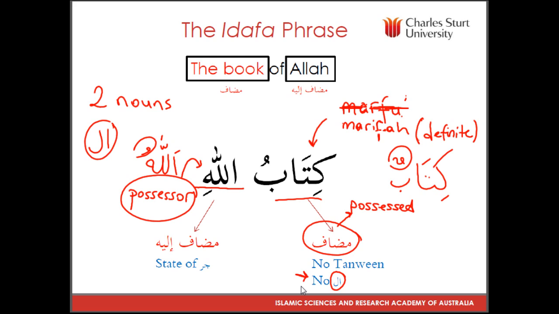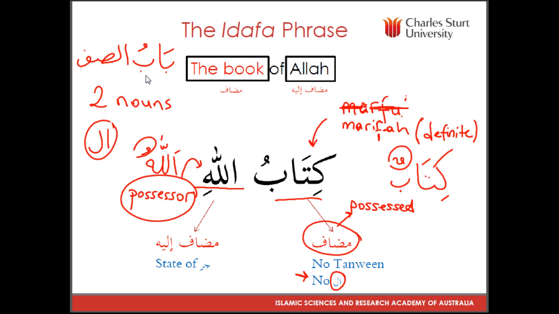So when you say the door of the class, is it any door? Is it definite or indefinite? It becomes definite, so you don't need to use al. It becomes like Babu Safti. So you shouldn't add al in front. This is a rule for mudaf. It is still marifat, definite.